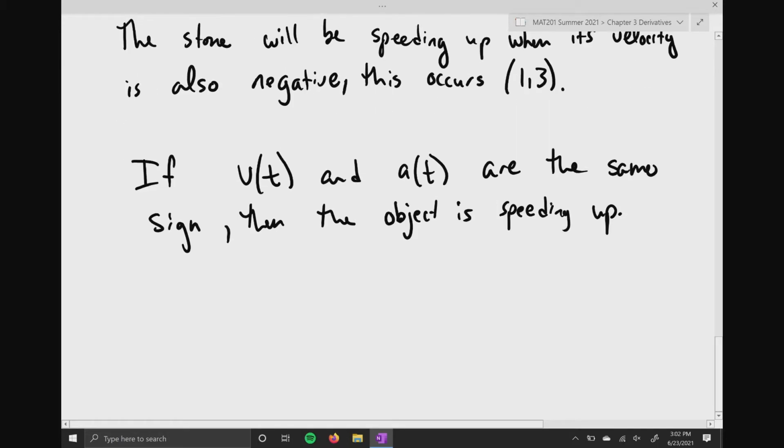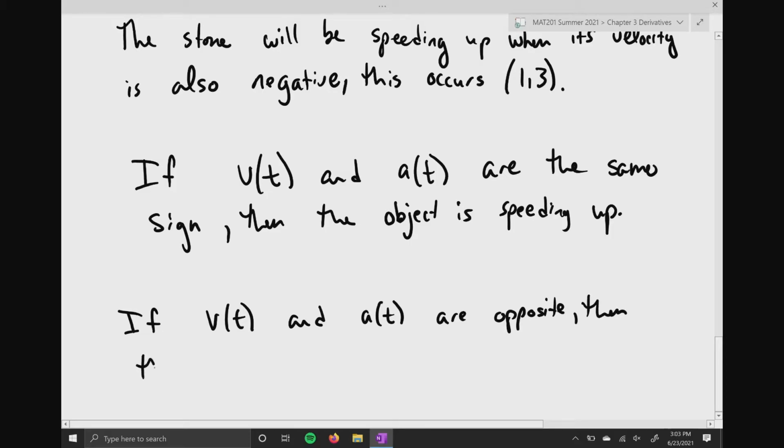Doesn't matter what the sign is. If they're both the same sign, the object is speeding up. If v of t and a of t are opposite, then the object is slowing down.